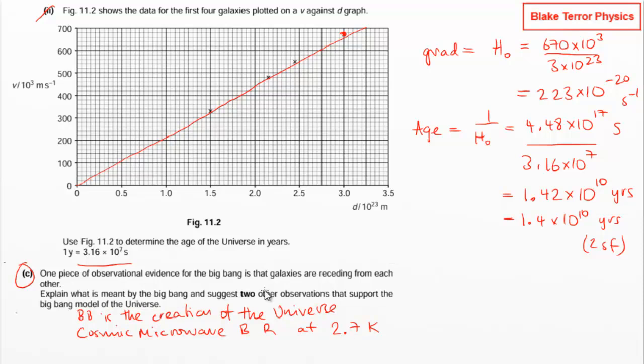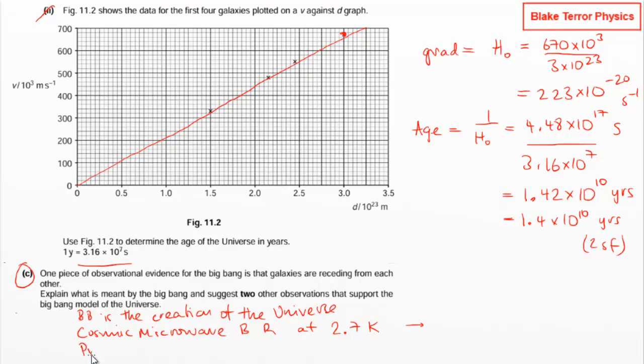That is something else which supports it. It doesn't say here you have to say why it supports it. We just have to say that there are 2 other observations, so we don't have to go into detail. If they're going to ask you to go into detail about the cosmic microwave background radiation, they'll actually say that. They'll ask you to describe why it supports the Big Bang. So let's not get carried away here again.